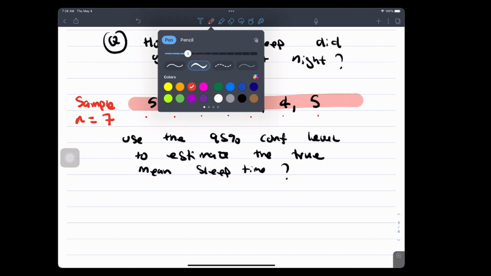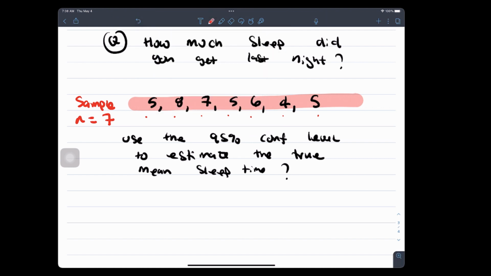Do you guys remember, what do you guys need if you've seen this information? What do we need? We need a sample mean and we need a sample standard deviation, don't we? We know the confidence level. What's the confidence level? 95%.